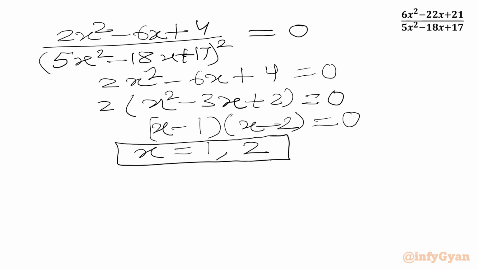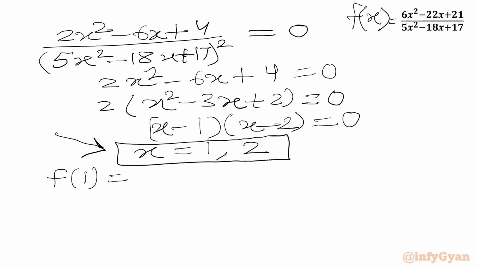To skip the second derivative test, we can use the global comparison method by simply finding f of 1 and f of 2, because we know the critical points. So I will calculate f of 1 straight away. Here we have f of x. Put x equal to 1 over here.